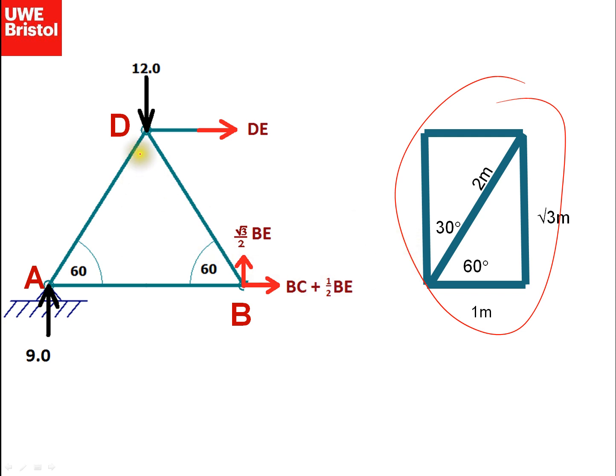So I know that this height from here to here is going to be √3 meters, and I know this distance, for example, from here to here is going to be 1 meter, and I know this distance from here to here is going to be 2 meters. Okay, so does that give me enough information now to start taking moments around this point? I think it does.